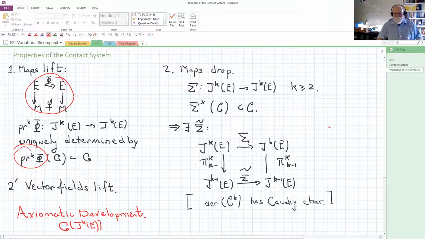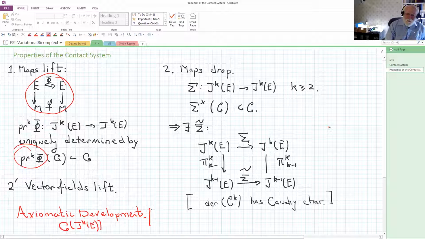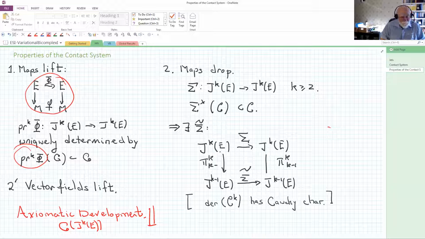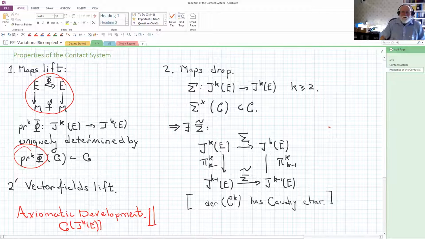It's possible, if you would like, to throw away the details of the exact contact system and just try an axiomatic development, saying I only need to work with Pfaffian systems which have this property and this property. But for us, these are the important properties that we have in our concrete case.